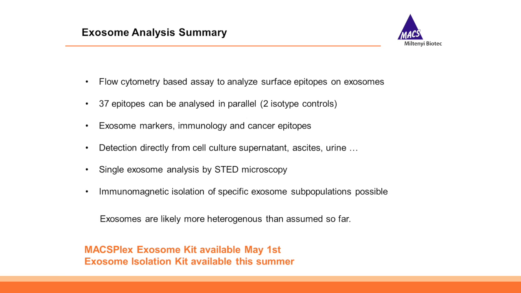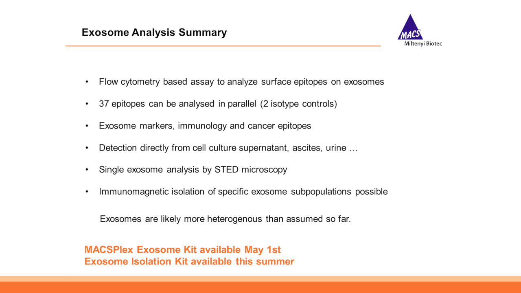I've shown you examples of single exosome analysis by high resolution microscopy to prove that we can discriminate between single and double positive exosomes. And I've shown you a few examples of immunomagnetic isolation, which allows the separation of exosome subpopulations for further downstream analysis.